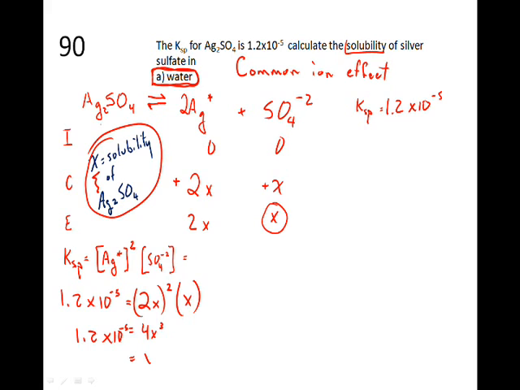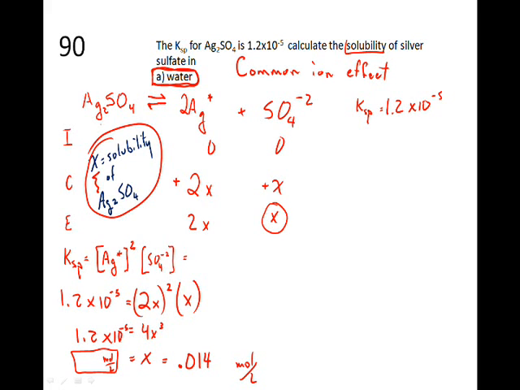So you should be able to solve that for x. And that value for x, of course, the units will be in moles per liter. That value for x will give you the solubility of silver sulfate in water. So you should have been able to calculate something like 0.014, or 1.4 times 10 to the negative 2 moles of silver sulfate will dissolve in 1 liter of water.